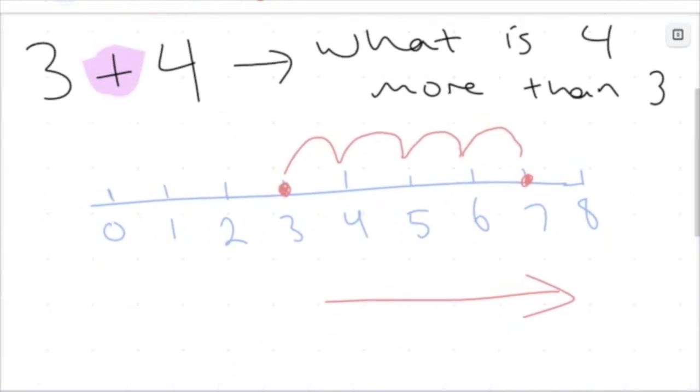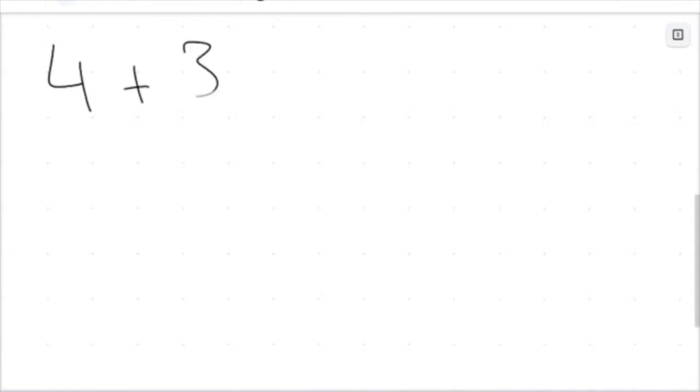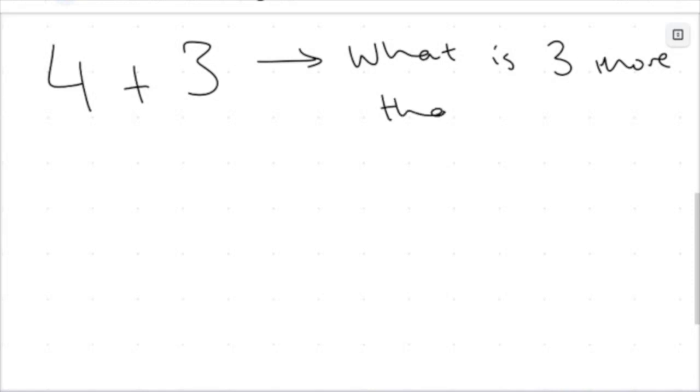Now, let's just look at something interesting here. What if I changed the order of these? Let's see what kind of difference that makes. So if I, for example, did 4 plus 3. So if I was looking at, for example, what is 3 more than 4?